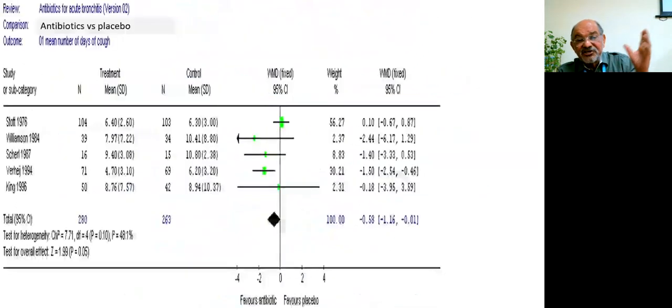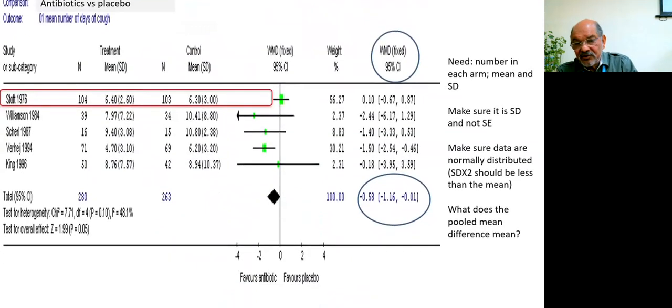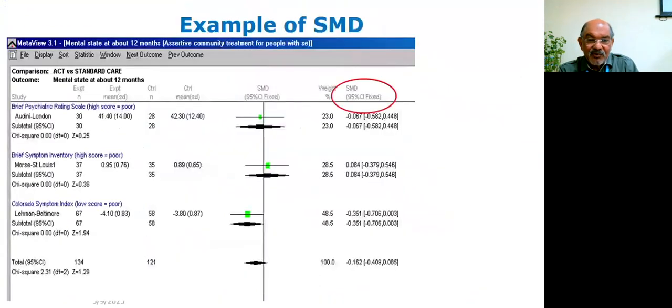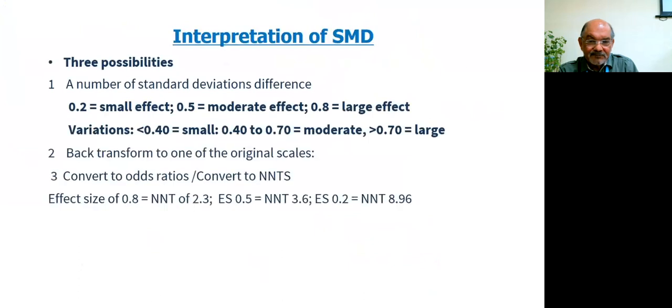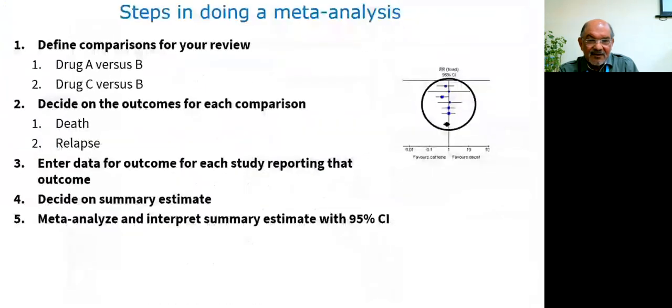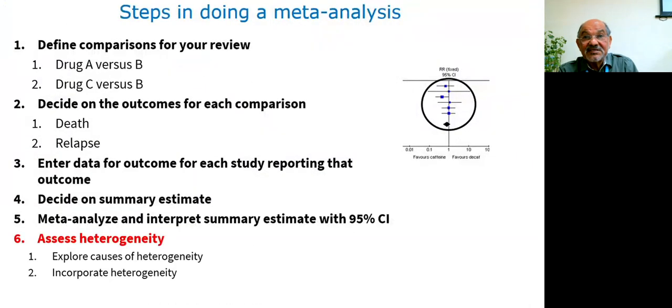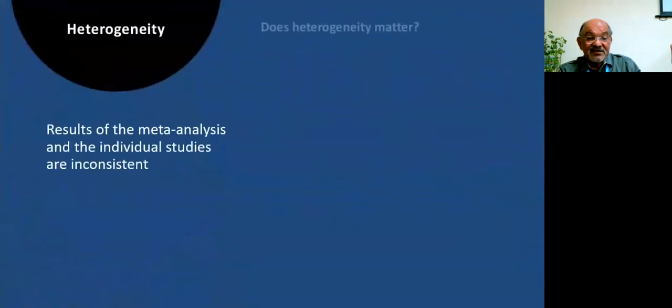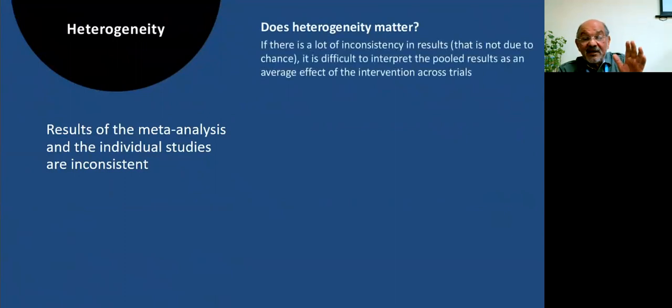I won't talk about continuous data because you can do that in the afternoon. The next step is to look and see, is there heterogeneity? What I mean by heterogeneity is the results of the studies are not consistent with the overall results. And it matters because then it doesn't give you the average effect across all the trials.